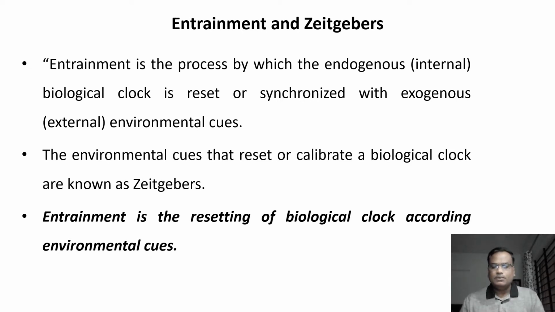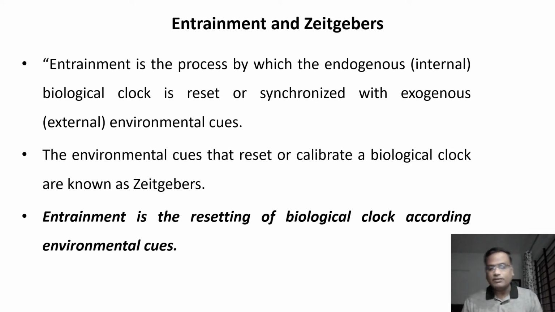But sometimes, if this cycle is changed, then it has to be reset. Just think of your watch. Your watch shows the timing correctly, and sometimes the cell is gone. When the clock stops due to loss of power, after some time you replace it with a new cell, and then you reset the time.